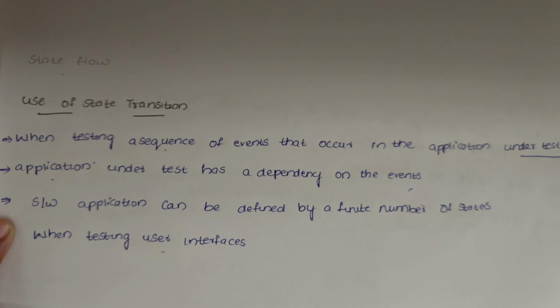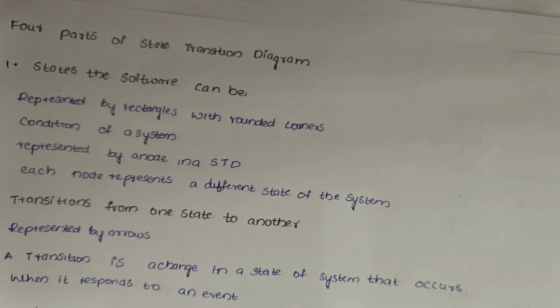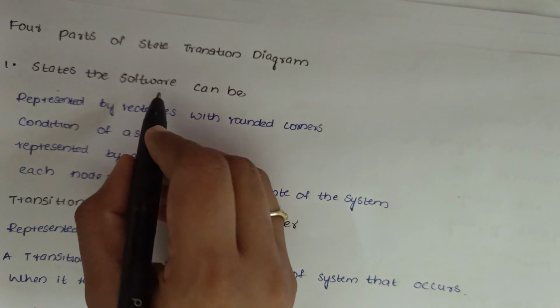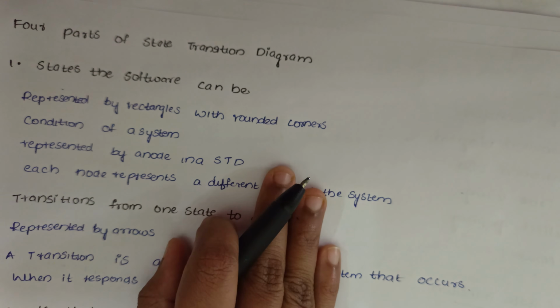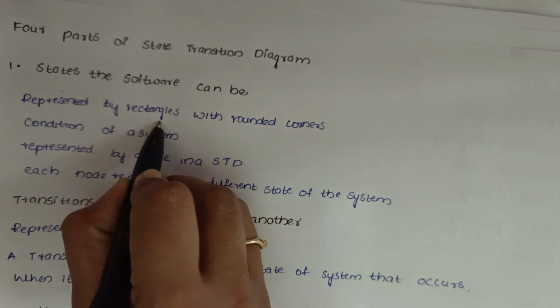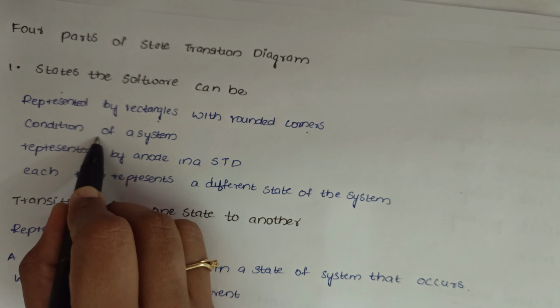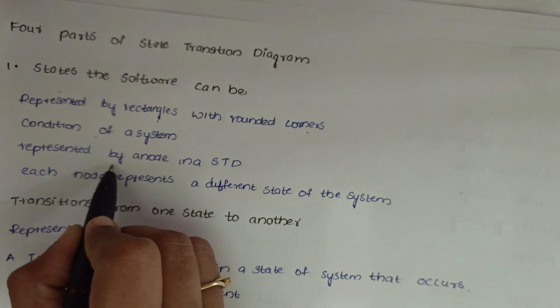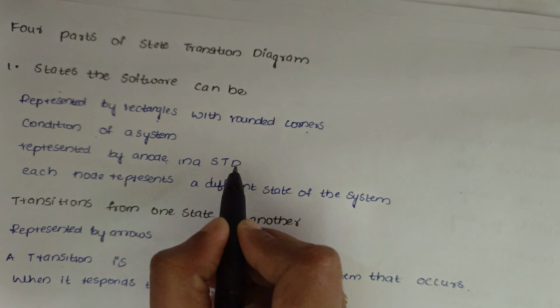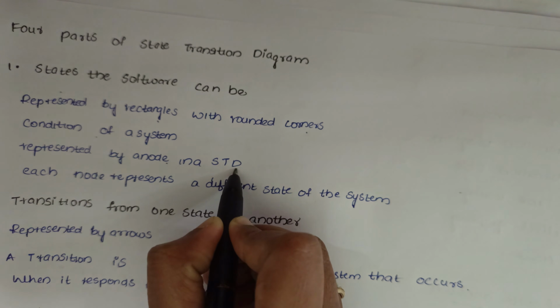Next, we have 4 parts in the state transition diagram. There are states, which software can be represented by rectangles with rounded corners, and the condition of a system can be represented as a node in the state transition diagram.